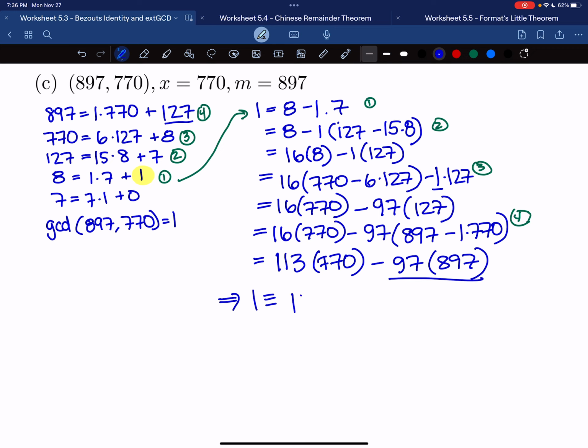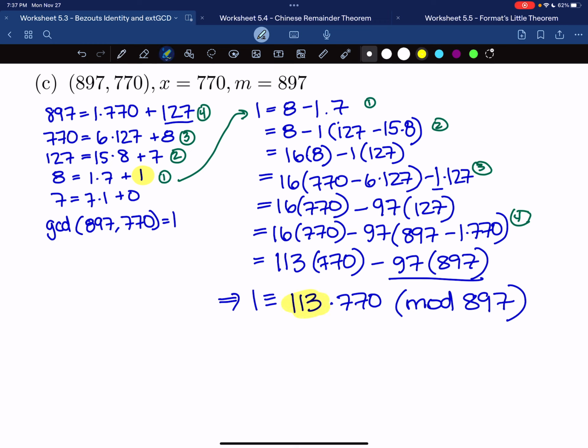So this is 113 times 770 mod 897. Okay. And what that means is I do check, but I'm trying to find the modular inverse for 770.